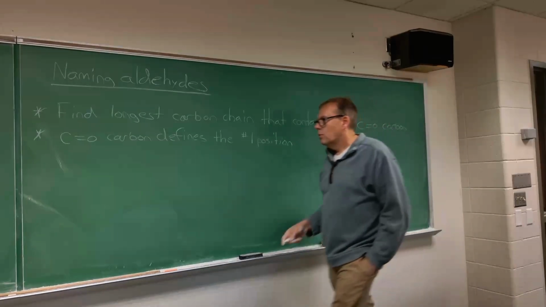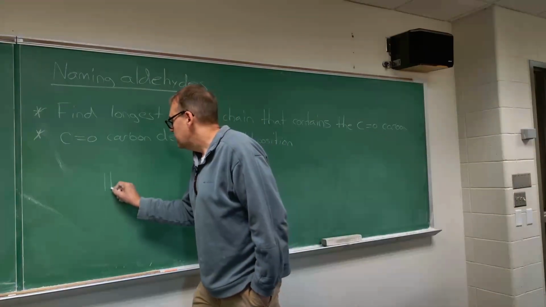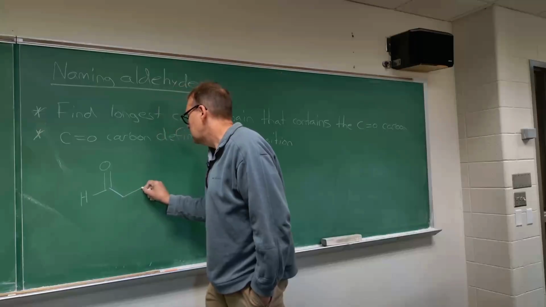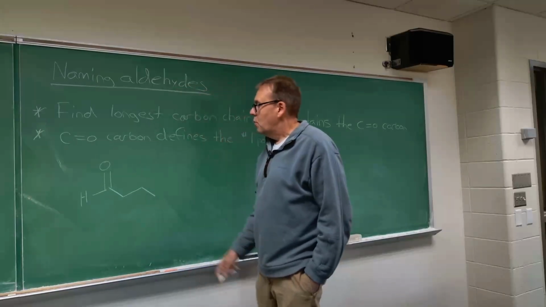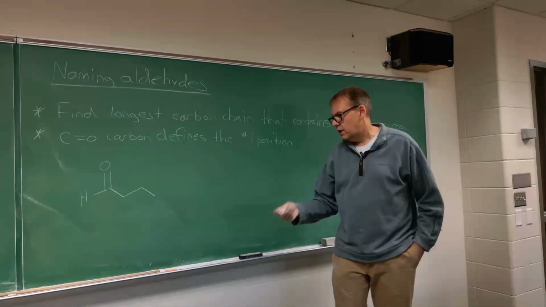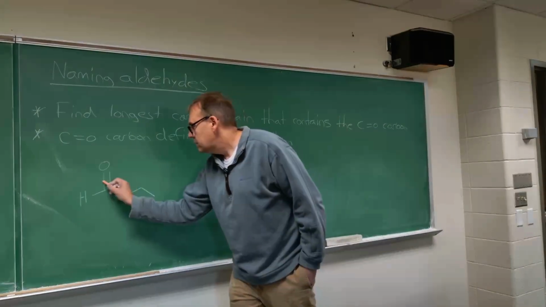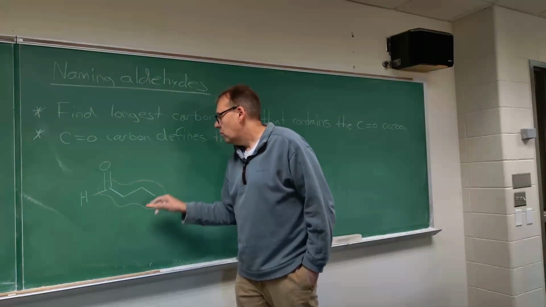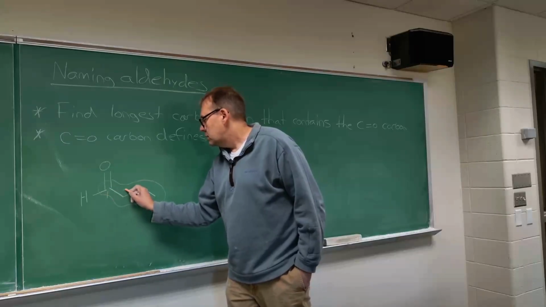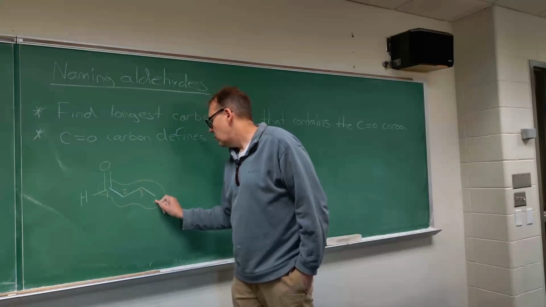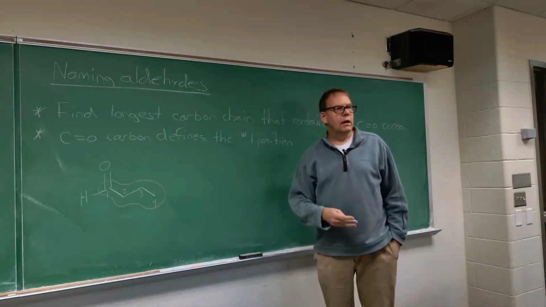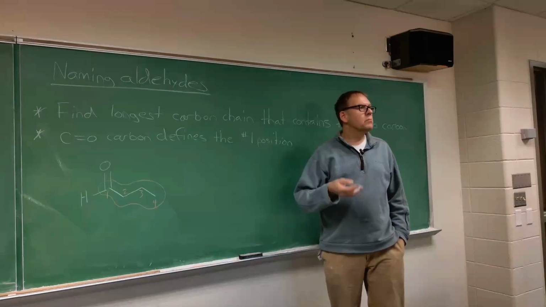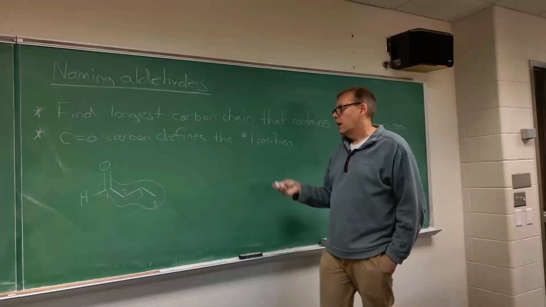So like, for example, what if we had this molecule? What you do is identify the longest carbon chain: 1, 2, 3, 4, and then you number it 1, 2, 3, 4. Then we're going to use a little change at the end to specify that it's not an alkane, but an aldehyde functional group.